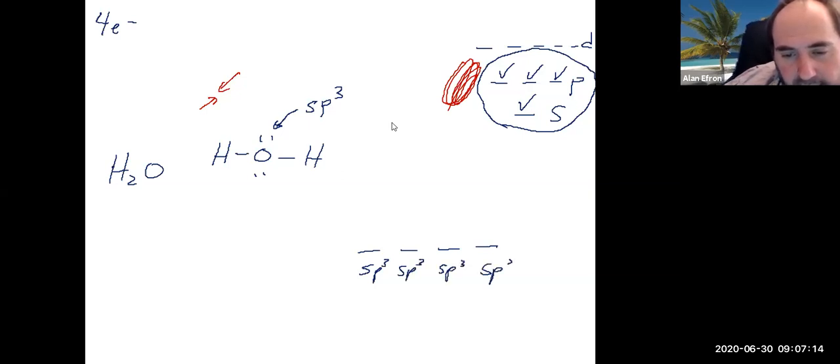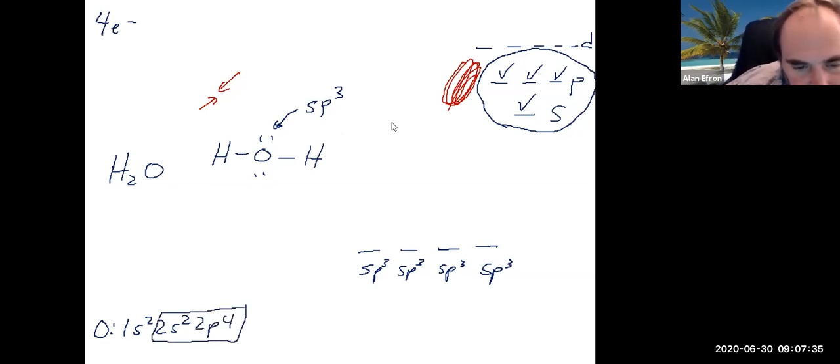So how do I know in terms of electrons, do they have 1 electron in those? Do they have 2 electrons in those? Again, what you would want to look at is oxygen, which is our central atom. And if we look at the electron configuration, 1s2, 2s2, 2p4, which means its valence electrons look something like this.